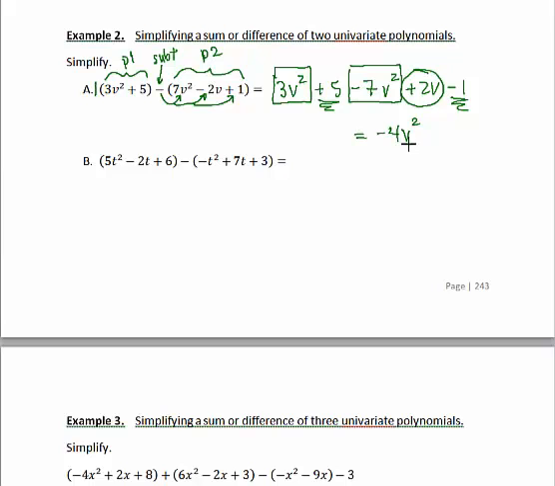And we simply put that as the coefficient of the v squared term. And then we have our next term, a plus 2v. It stays the same because there were no other v terms to add to it. And then we have a plus 5 and a minus 1, which gives us plus 4. And at this point we'd be finished.